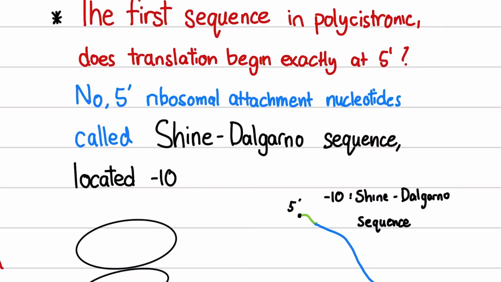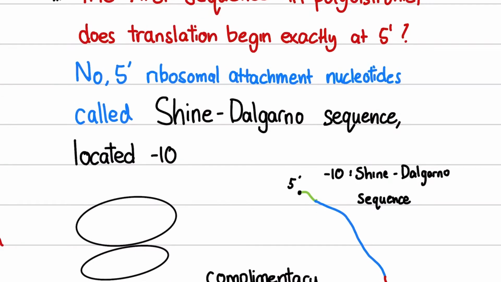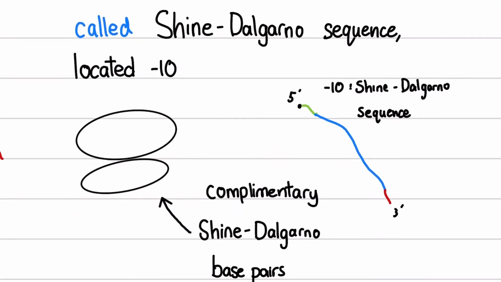Those sequences inside prokaryotes are called Shine-Dalgarno sequences. And this is just for prokaryotes. Do not confuse this with eukaryotes; they have something else. The Shine-Dalgarno sequence is located at -10, and -10 just refers to upstream 10. We talked about upstream and downstream before.